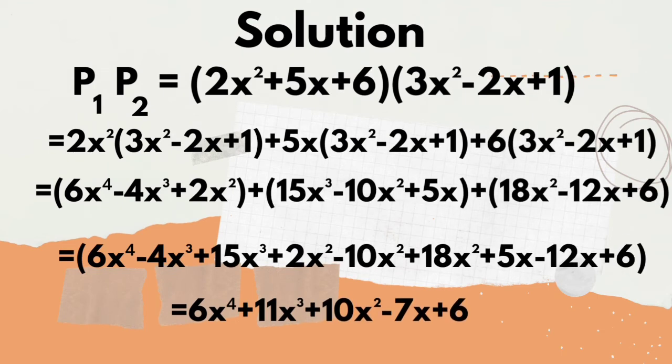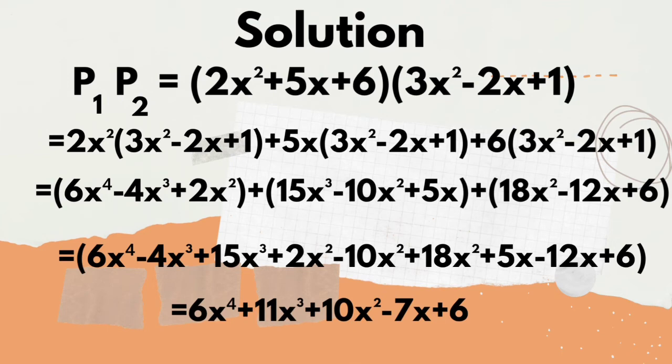When you expand the brackets and collect the like terms, you have 6x raised to 4 minus 4x raised power 3 plus 15x raised power 3 plus 2x raised power 2 minus 10x raised power 2 plus 18x raised power 2 plus 5x minus 12x plus 6.